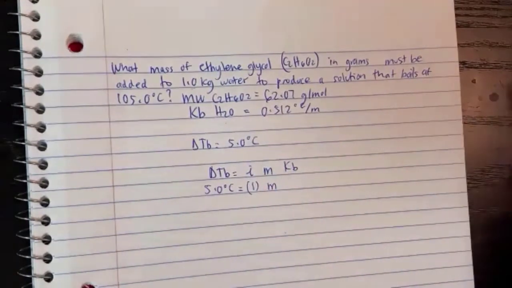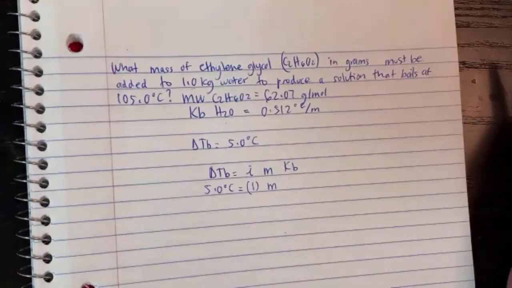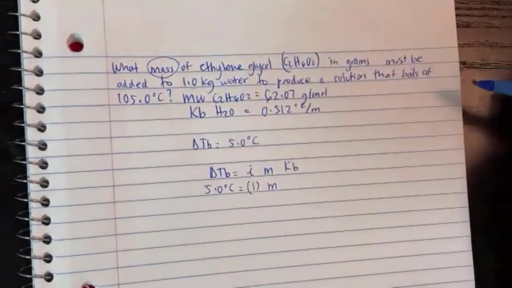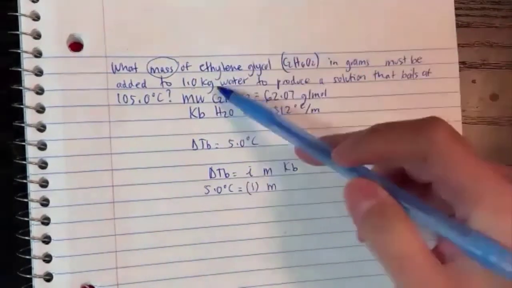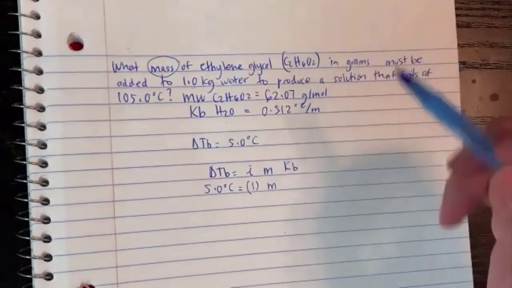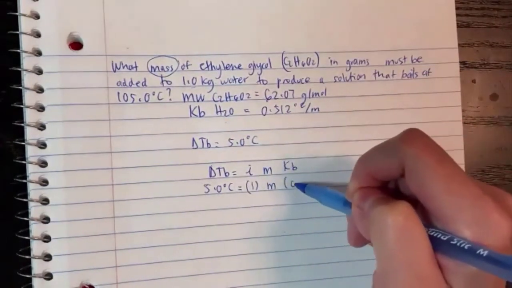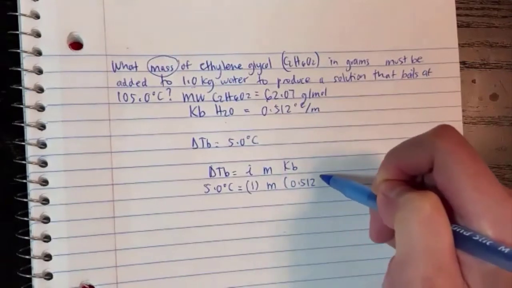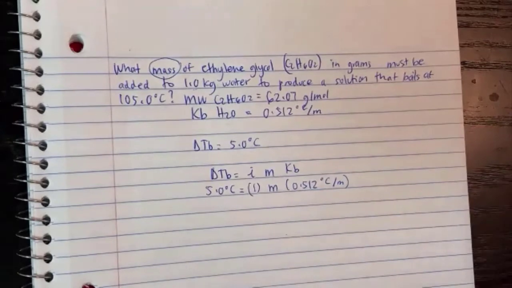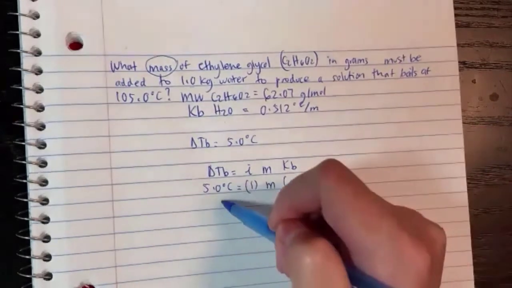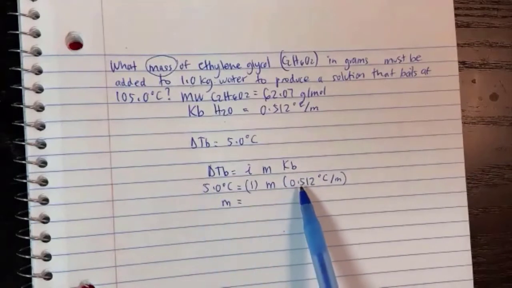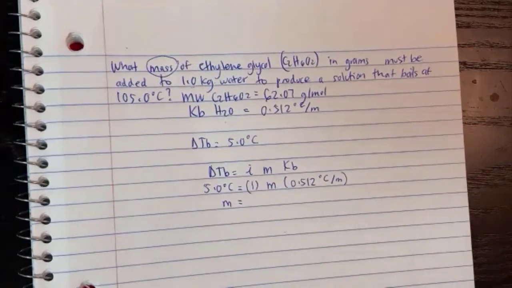Now I don't have m, and molality will help me get the grams I need, because I know I have 1 kilogram of water, so I need to find molality first. But what's my Kb? 0.512 Celsius per molality. So let's calculate the molality. It will be simply 5 divided by 0.512.